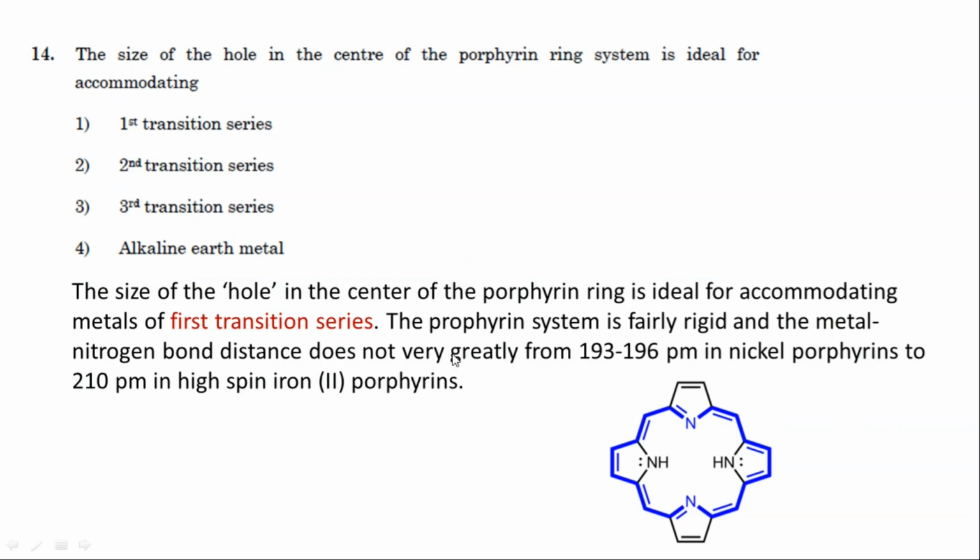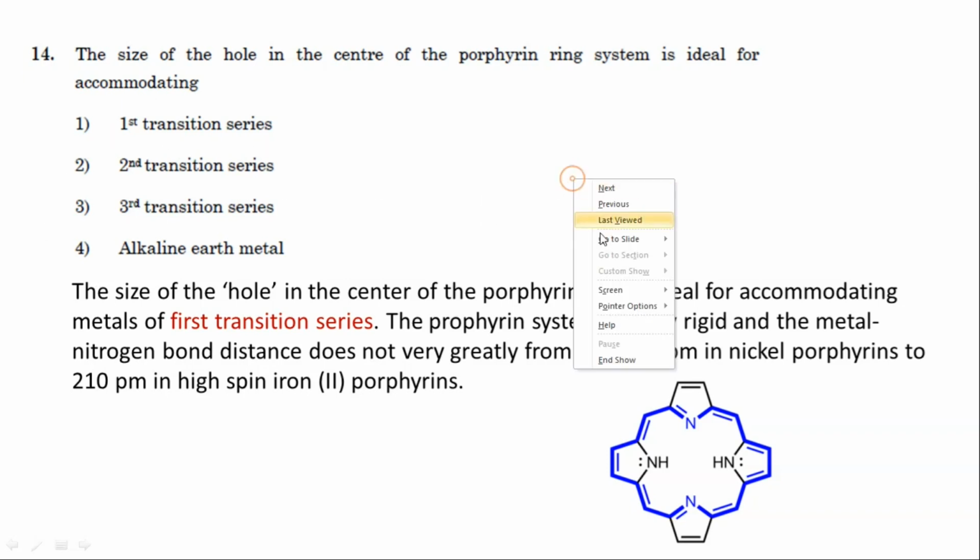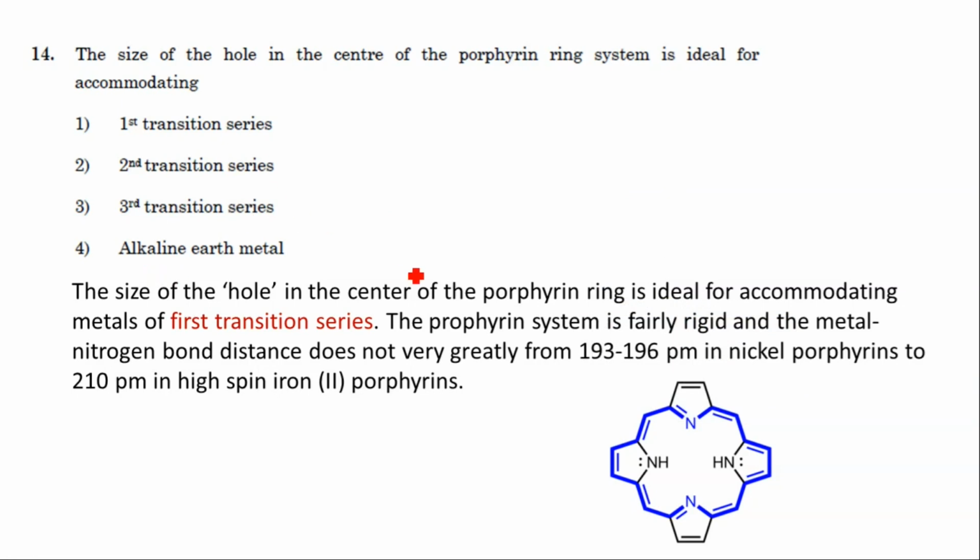The size of the hole in the center of the porphyrin ring system is ideal for first transition series, second transition series, third transition series, or alkali earth metals. You see here the size of the hole in the center of the porphyrin ring is ideal for accommodating the metals of the first transition series.